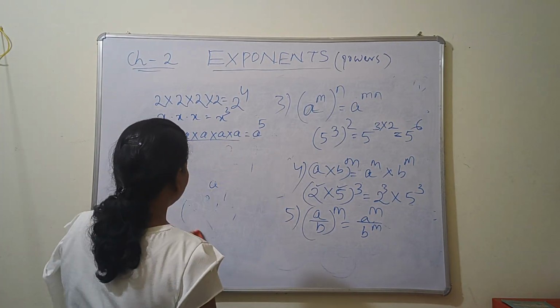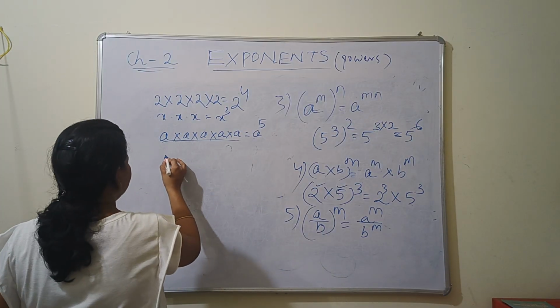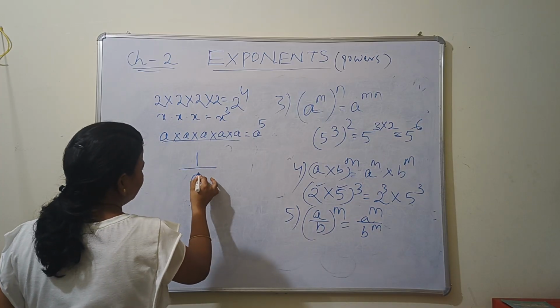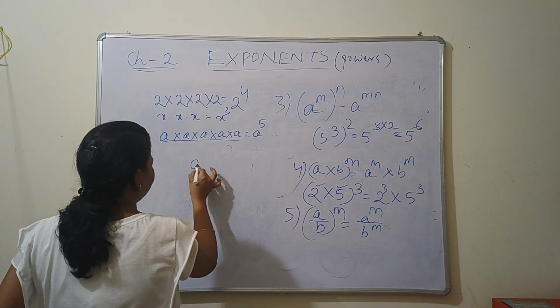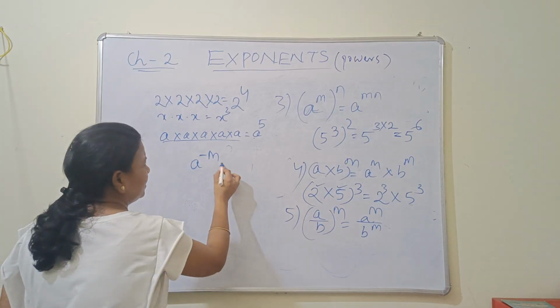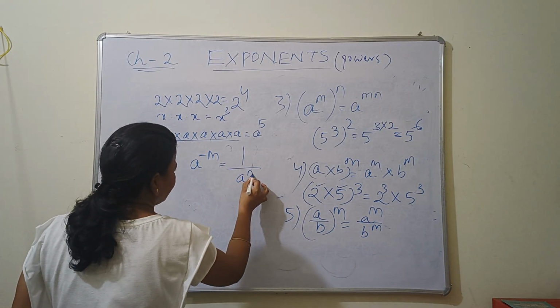Now the eighth law. We will see that suppose there is a to the power minus m. So the negative power of a base is given. It can be written as 1 by a to the power plus m.